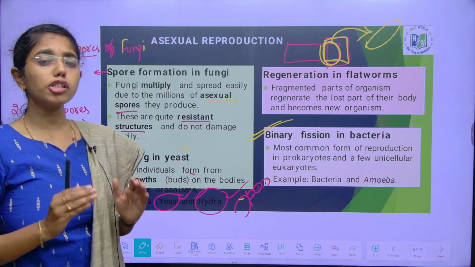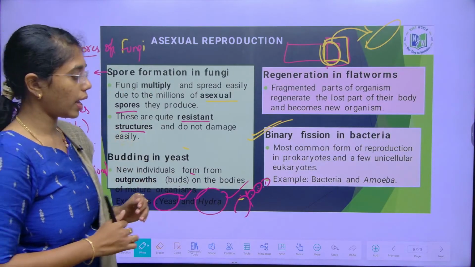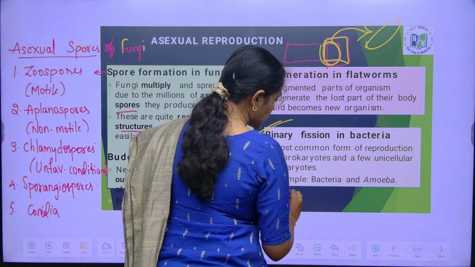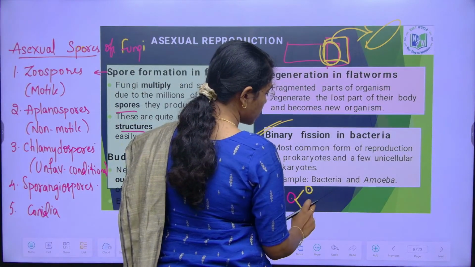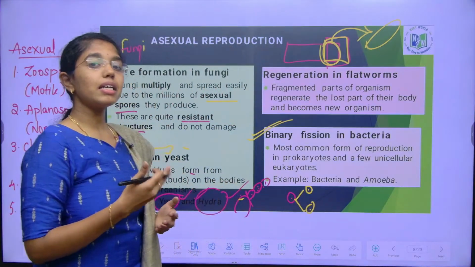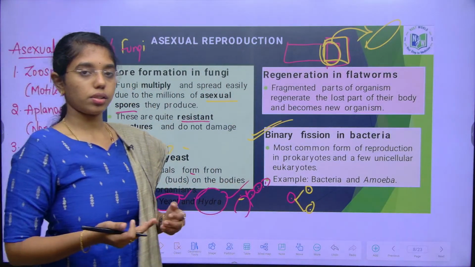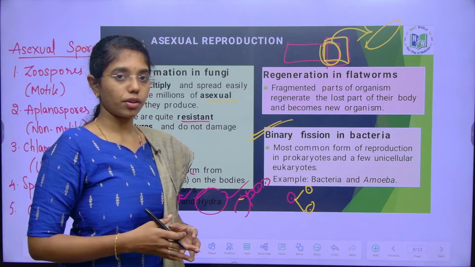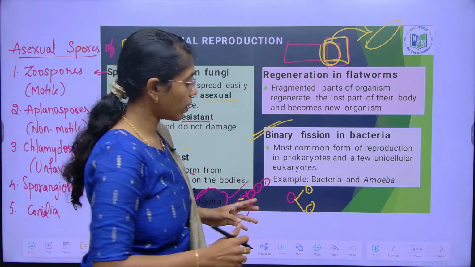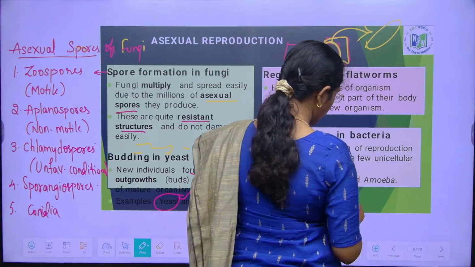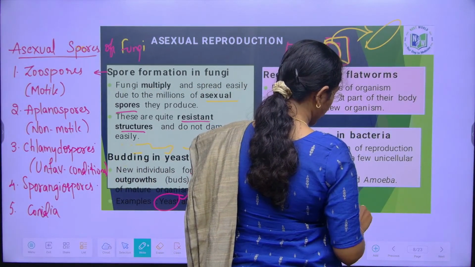Next is binary fission. Binary fission is mostly observed in unicellular organisms, where a single cell undergoes division and forms two cells. So, there is immediate karyokinesis and cytokinesis, without the involvement of any spindle fiber formation.